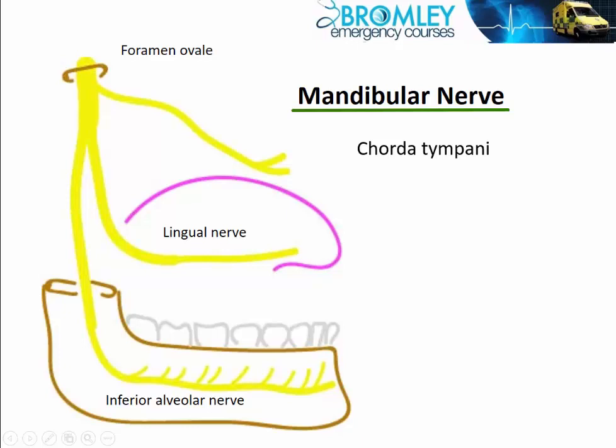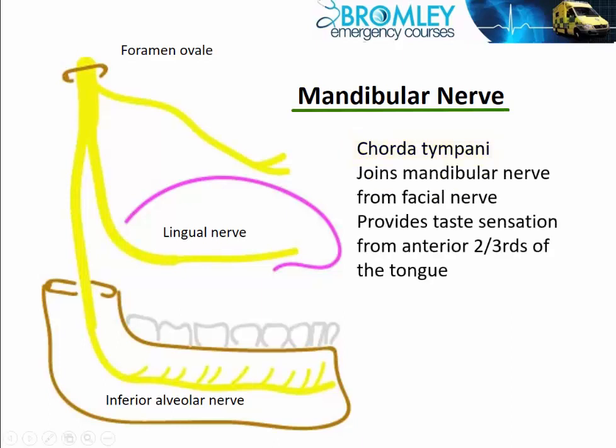This is a good point at which to mention the chorda tympani. Now the chorda tympani is a nerve that travels with the facial nerve into the internal acoustic meatus and then in the middle ear before leaving the ear and joining the lingual nerve, the lingual part of the mandibular nerve. Its primary function is to provide special sensation.